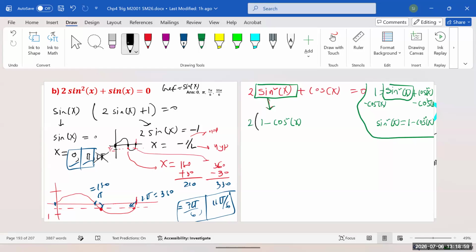And we have 2 in the front, and we have cosine x on the right equals 0. And now we're happy because we have only one function, cosine. So we distribute the 2. 2 minus 2 cosine square plus cosine x equals 0.